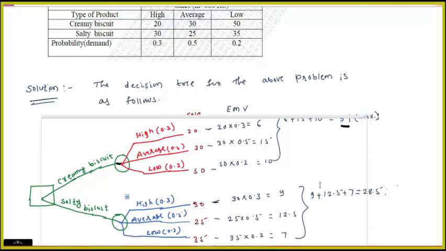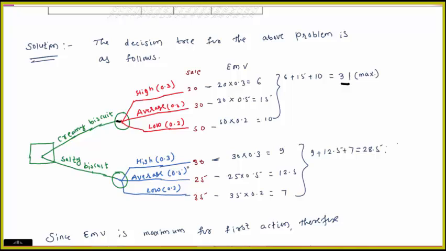Next, similarly we calculate the EMV for the second decision, launching a salty biscuit. 30 into probability 0.3 is 9, 25 into 0.5 is 12.5, and 35 into 0.2 is 7. Adding these gives the EMV for launching a salty biscuit, which is 28.5.